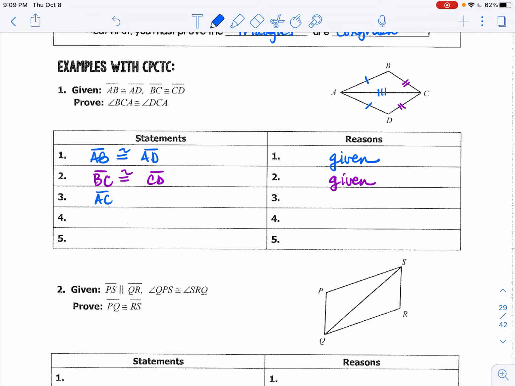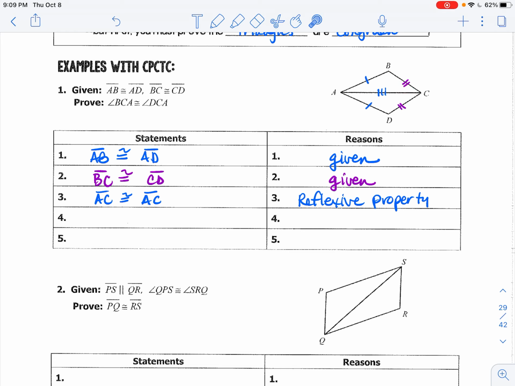So we can say that AC is congruent to AC. This is called the reflexive property. When something is congruent to itself, it's the reflexive property.